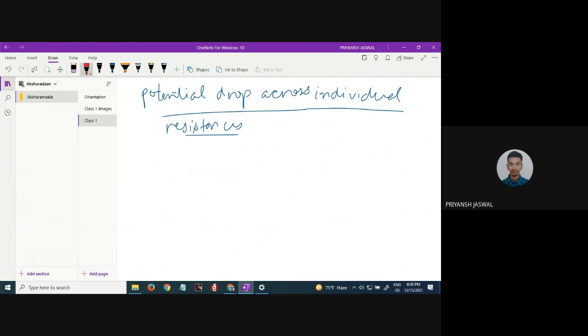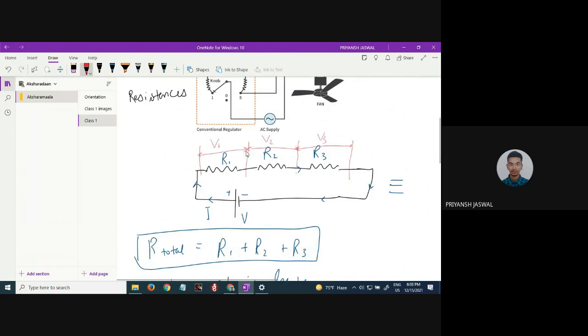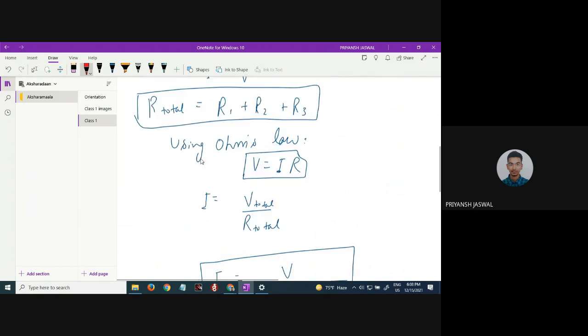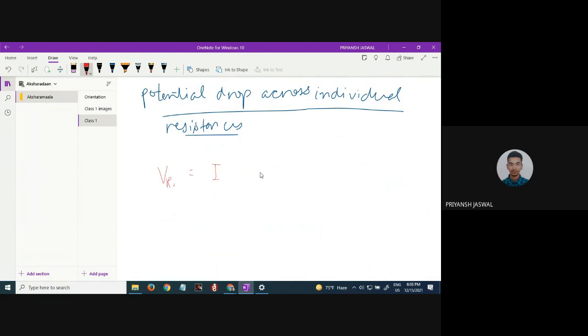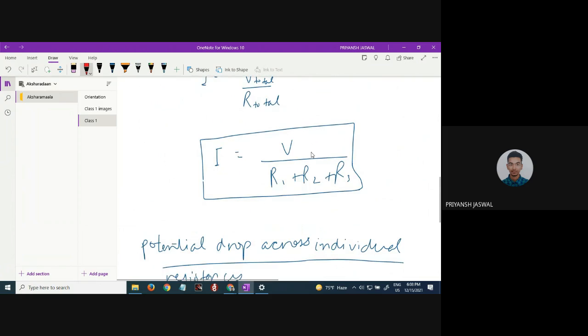So the potential drop across R1 will be nothing else but current passing through R1, which is same as I, because there is only a single wire, or you can say the linear track throughout the whole circuit. So I will pass through all of these. There is no divergence for current to split. So VR1 will be, using Ohm's law, I into R1. And I we will use from this equation.